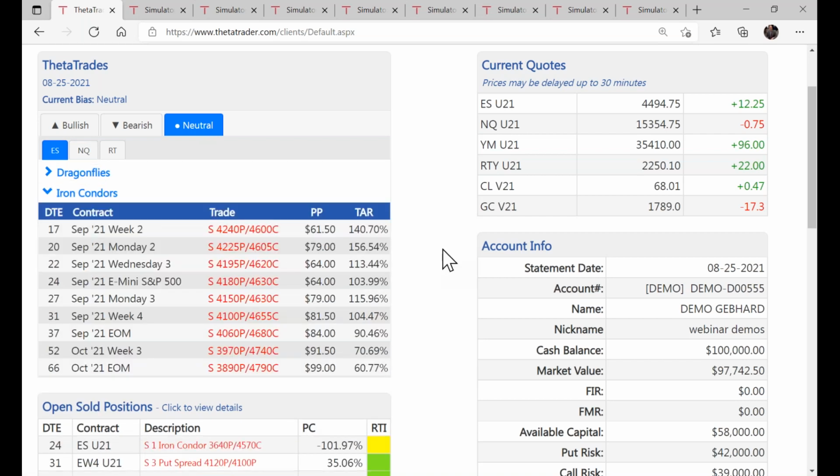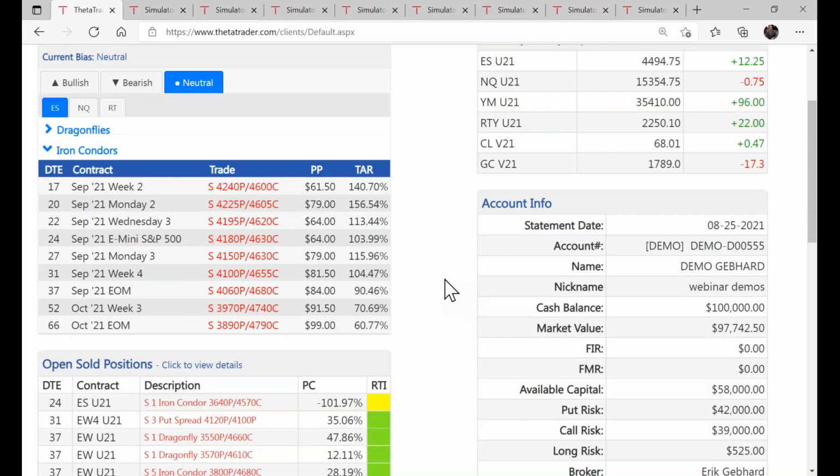So here is what the Theta Trader algorithm has done for us today. It's pre-populated and automatically generated these trades for us. They have anywhere from 17 to 66 days till expiration. And the strike prices are already chosen, the expirations are chosen, and all the valuations and everything, and I'll show you in just a moment.